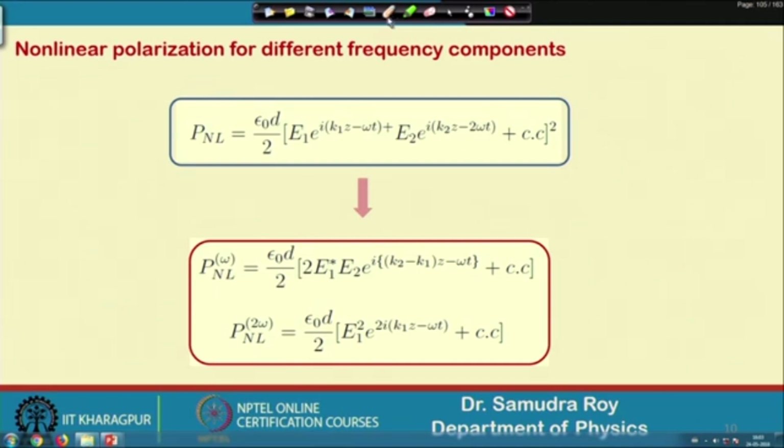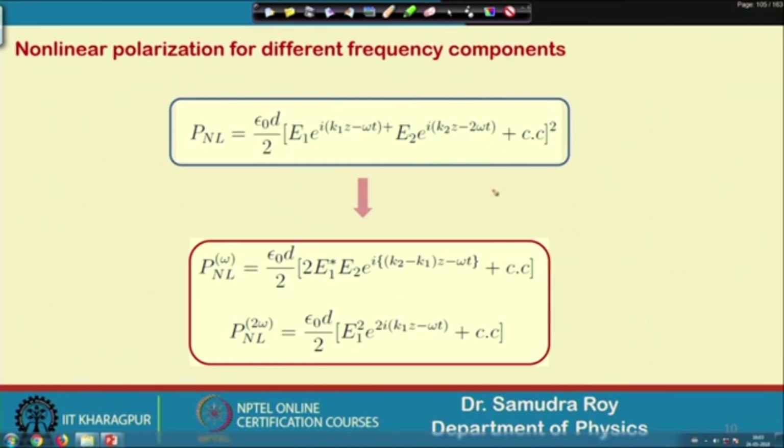So, let me try to understand how these P omega and 2 omega components arise. When I make a square of this term, what will happen? We have one term which is the square of this, that means a 2 omega term will be here. One term is the square of these things, so we have a 4 omega term, and complex conjugate terms are there.